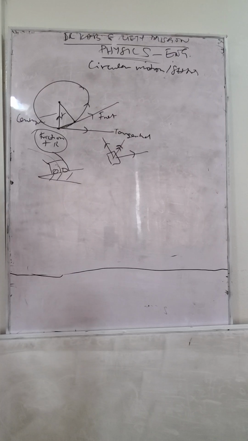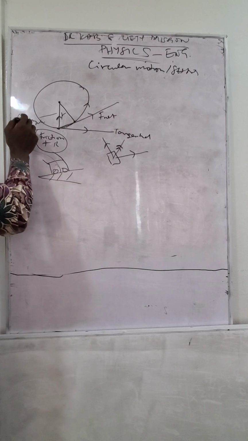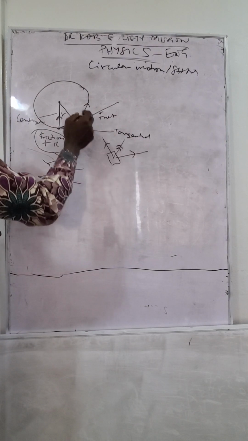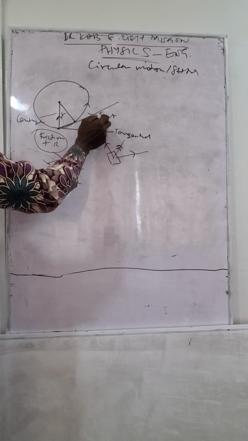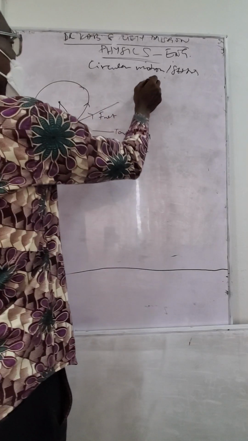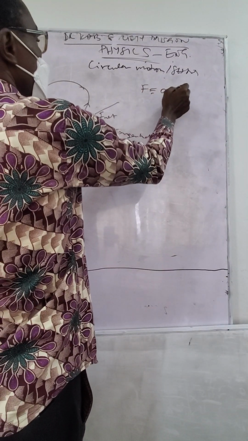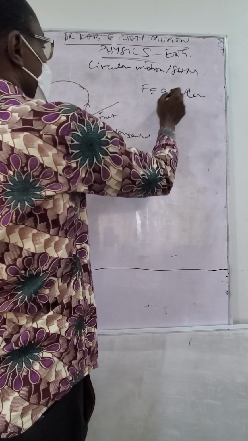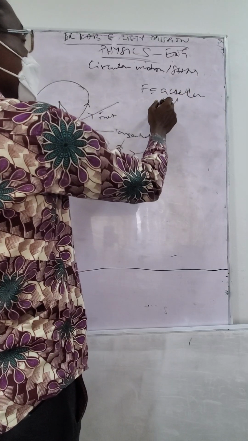Now, if you have this principle in mind, there is the centripetal part, there is the tangential part, and there is the net force. All these forces will have their accelerations and their velocities.